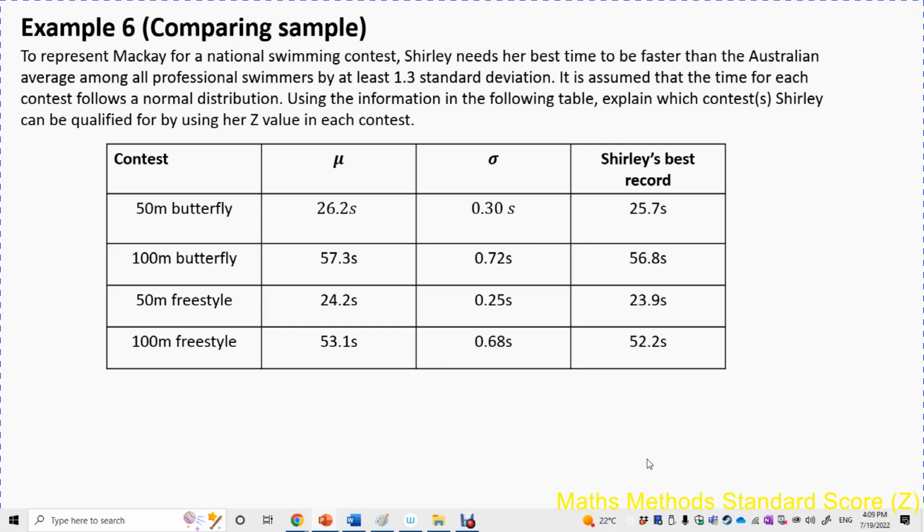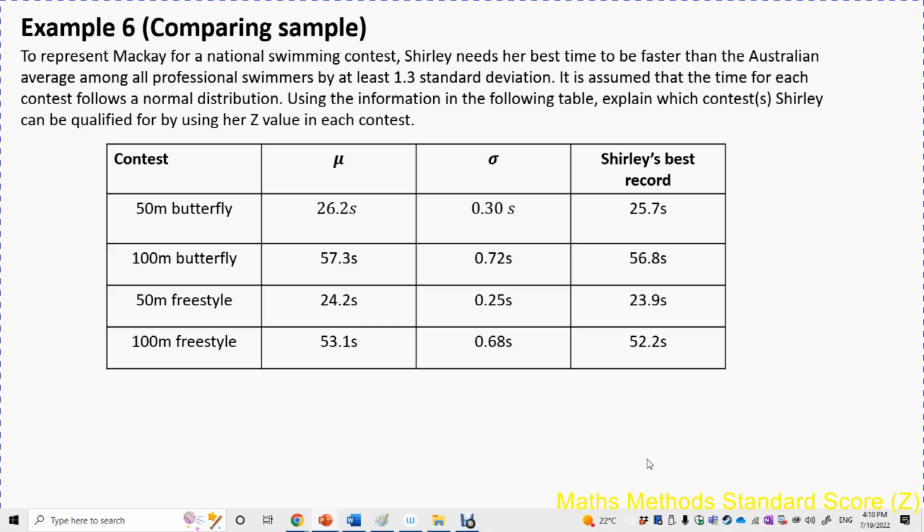That means your z-score needs to be at least 1.3, greater than or equal to 1.3. Why is it so? Because you need to be elite swimmers to represent your country.